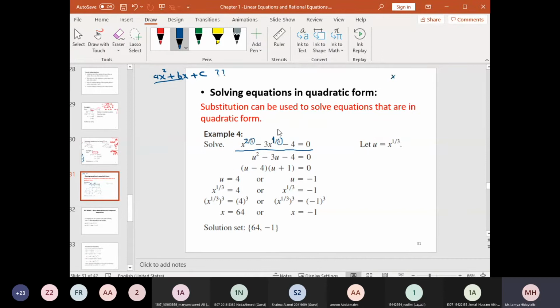So what comes to your mind that I can reach here if I took a certain substitution. If I put x to the power 1 over 3 equal to a certain number, let's say u, call it m, n, as you like.